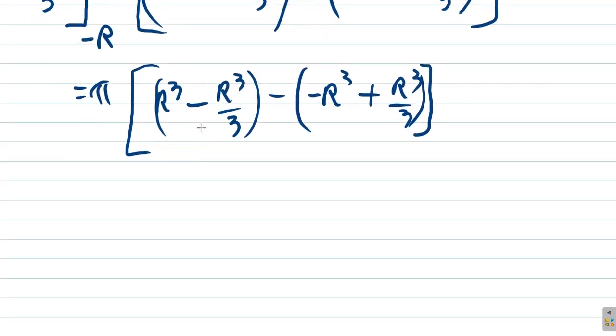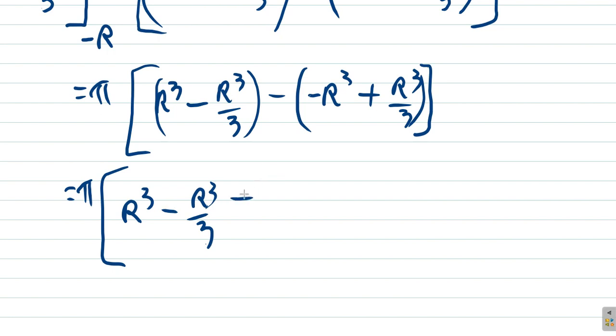Now, r cubed here. If you open the bracket, you're going to get pi times r cubed. You open the round brackets: r cubed minus r cubed over 3 plus r cubed, then minus r cubed over 3, right?